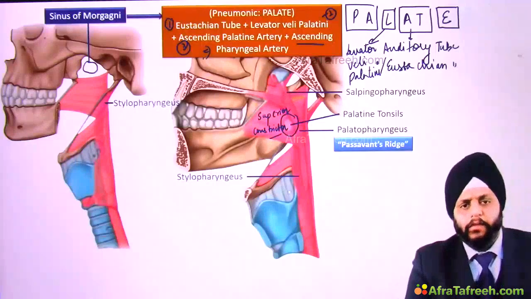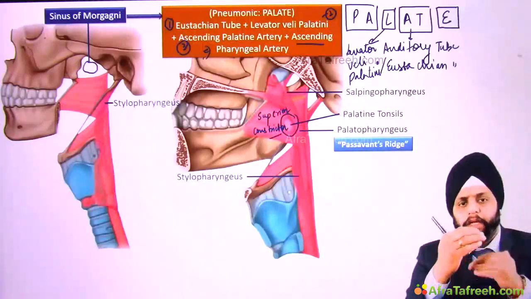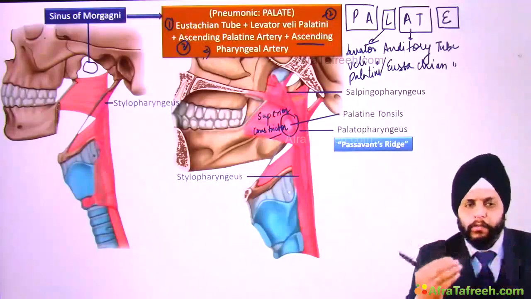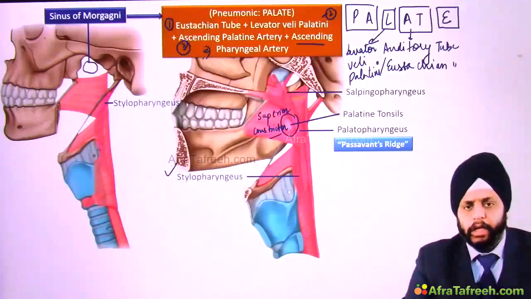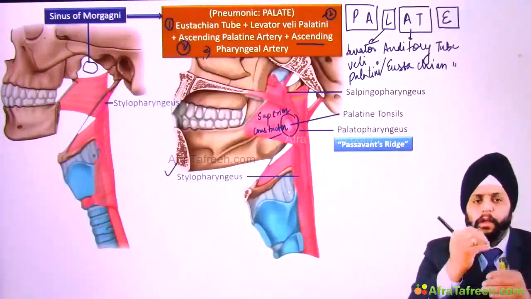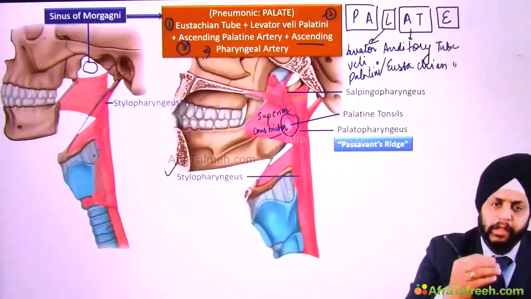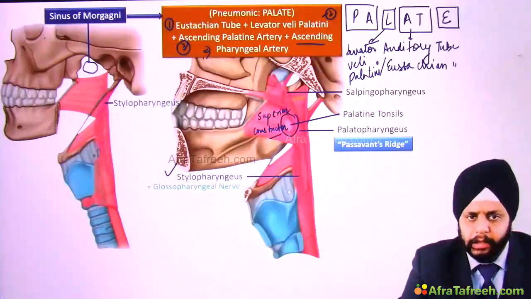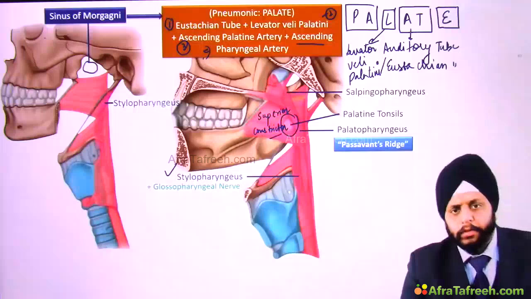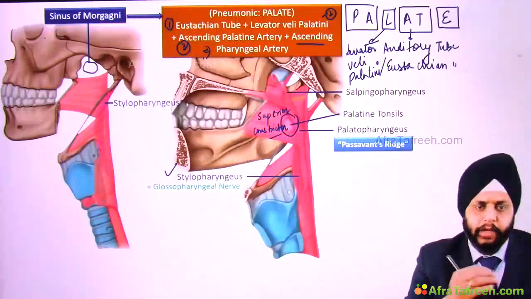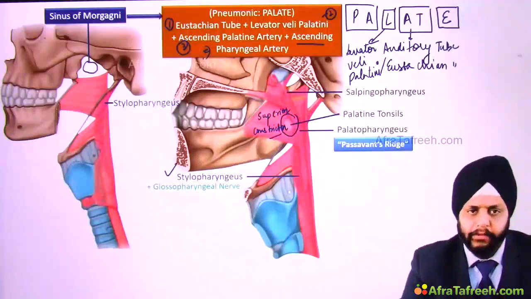Now similarly, we saw that between the superior and the middle constrictor, we have passage of the stylopharyngeus muscle. So this we have seen. Now this stylopharyngeus muscle comes in along with its nerve supply, that is the 9th cranial nerve, the glossopharyngeal nerve. Okay, so once again, let's see what all structures are going between these constrictor muscles.